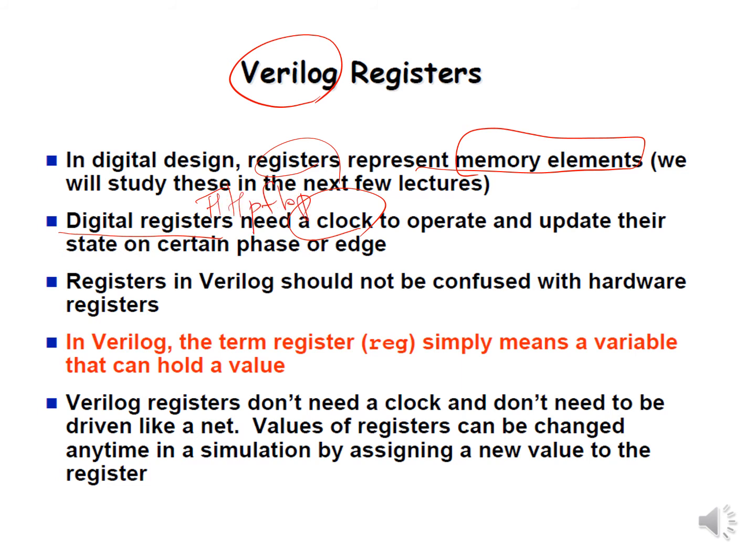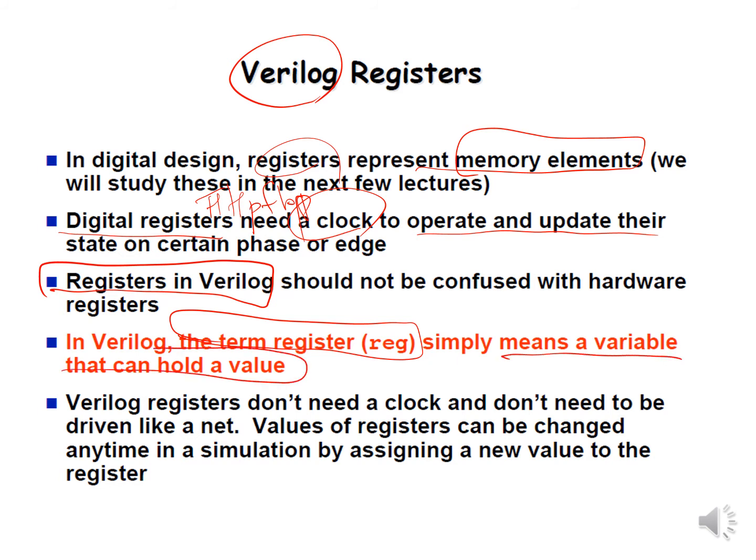A flip-flop requires a clock to operate and updates its state on a certain phase or edge, like a rising edge or falling edge. But a register in Verilog is defined differently. You should never confuse it with actual digital registers. A register in Verilog is not an actual hardware register. In Verilog, the term register simply means a variable that can hold a value.